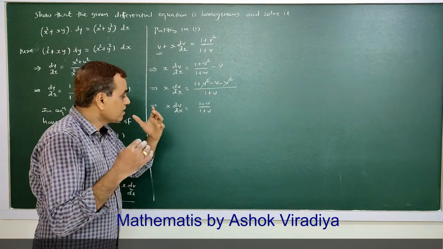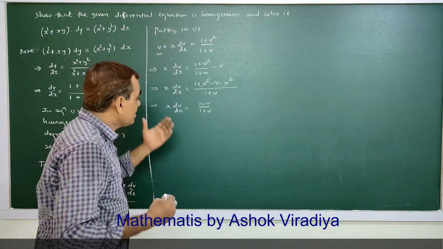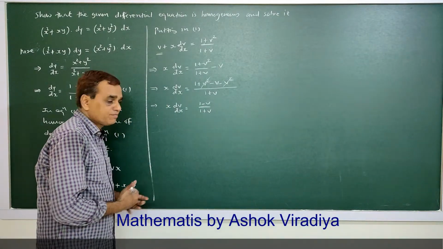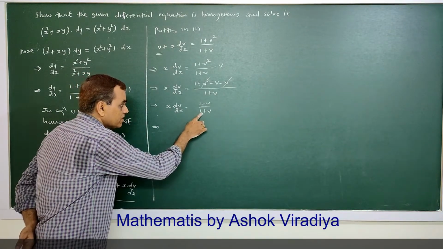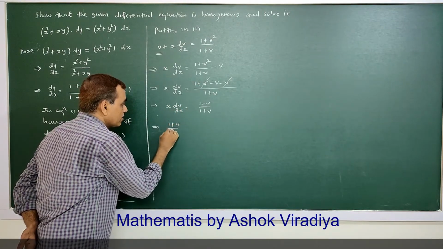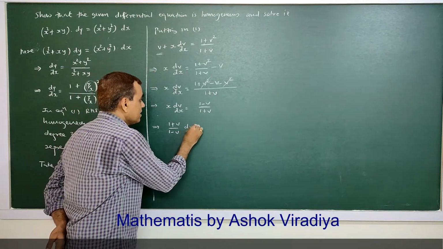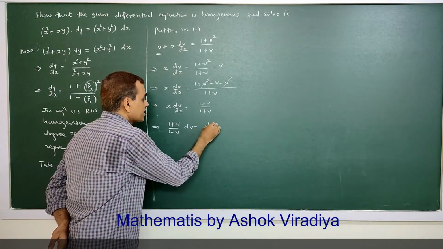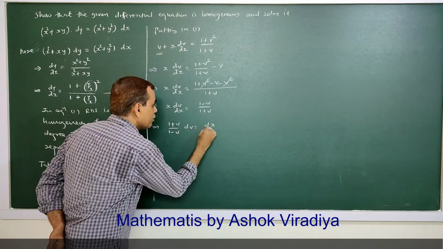Now to get the solution of this equation, we convert this into variable separable form. So converting this into variable separable form, these terms we take on the dv side, so (1 plus v) upon (1 minus v) dv is equal to dx on the right side, and towards dx we shift x in the denominator.